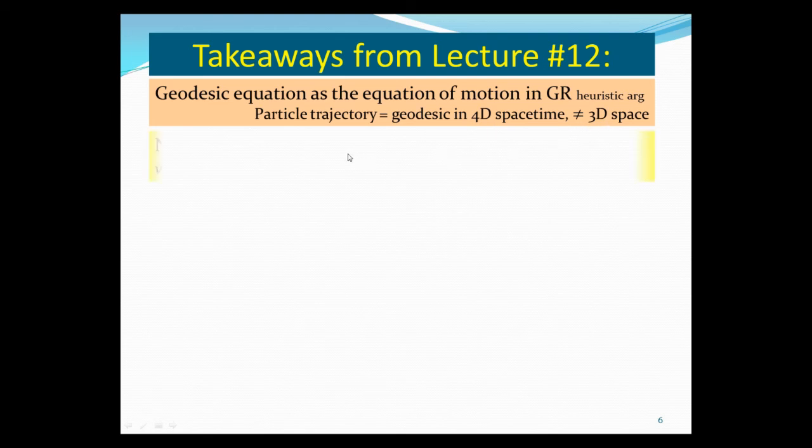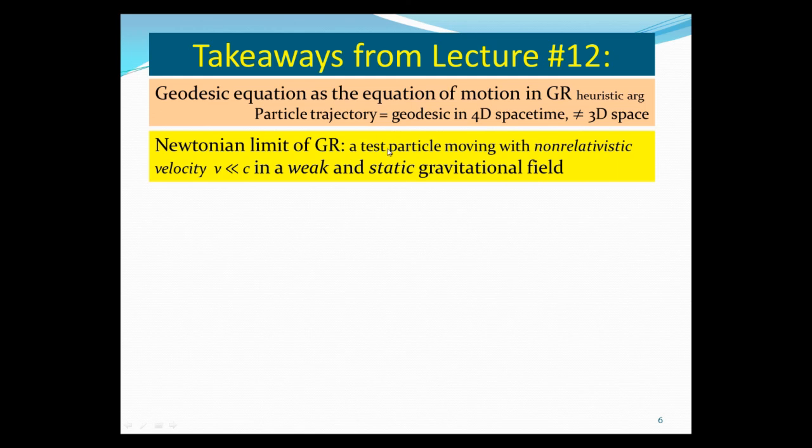And the Newtonian limit corresponds to a particle moving with non-relativistic speed in a weak and static gravitational field. If I apply this limit to the geodesic equation, we recover the equation of motion in Newton's theory.